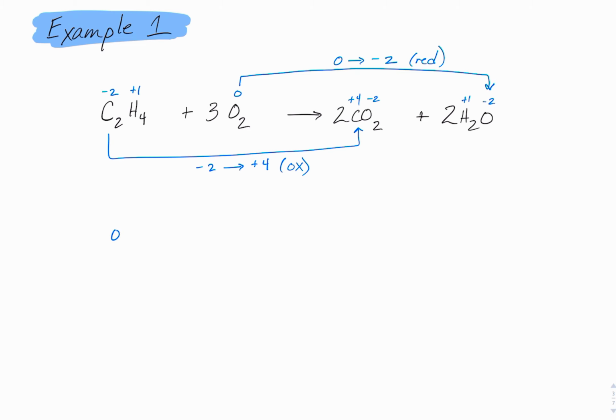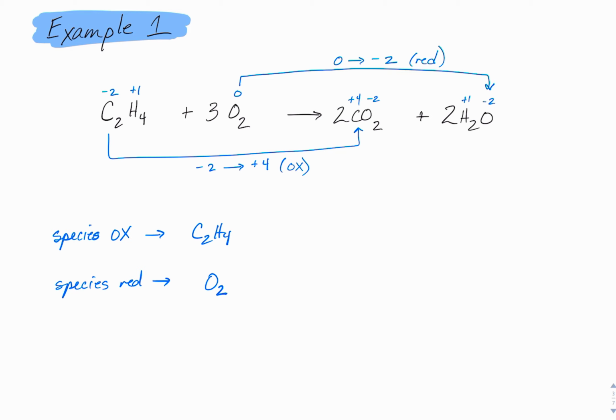So what is oxidized? The species, that's what I'm referring to, the species oxidized is going to be C2H4. The species that is reduced is going to be O2.